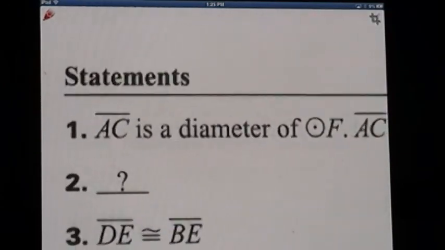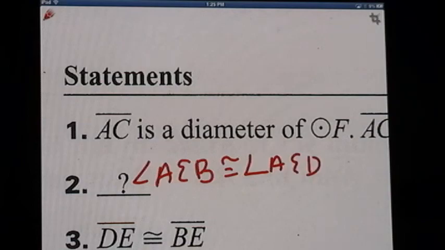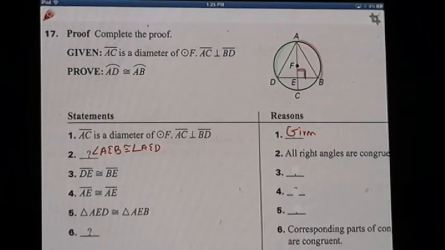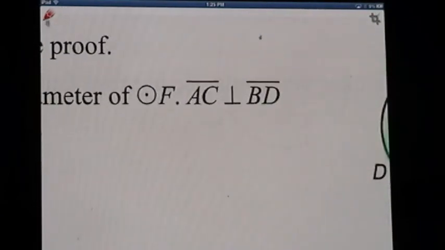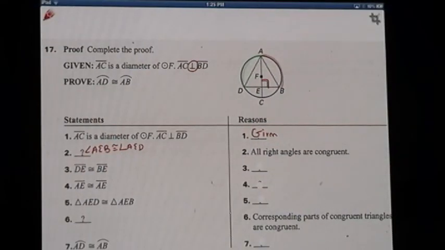So, angle AEB is congruent to angle AED because all right angles are congruent. And this symbol right here could mean that they're right angles, or it could mean they're perpendicular, because perpendicular lines make right angles. Whoops. Okay. Hope I don't make you sick doing that.